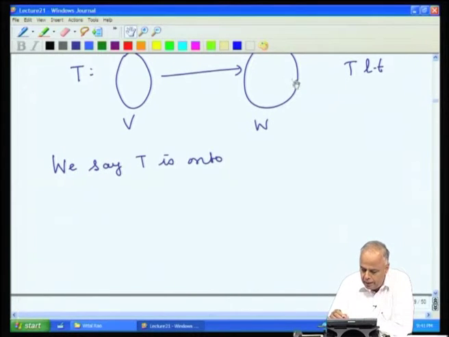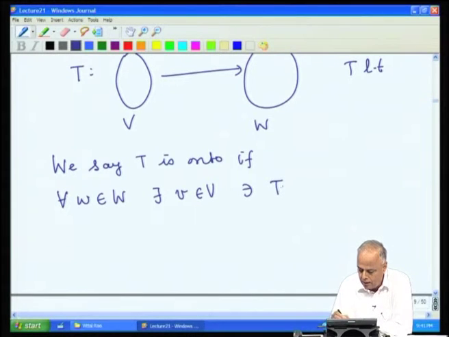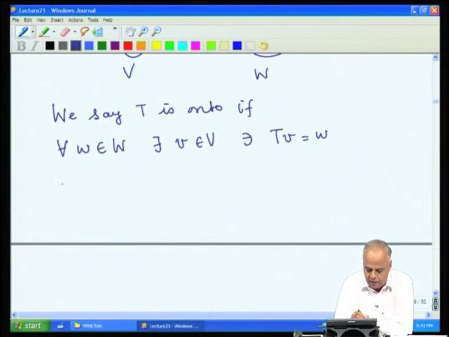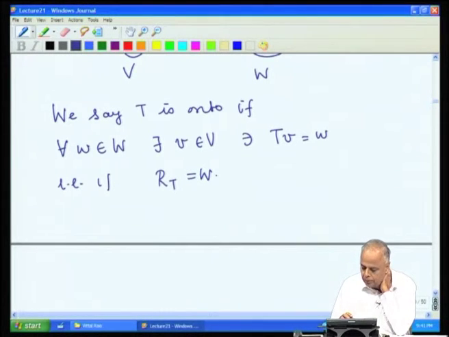If we take the entire W, then every part of W is the image of some vector in V. What we mean is, for every w in W, there exists a v in V such that T of v is w. This is the same thing as saying the range of T is all of W. Every vector in W is the image of some vector in V.